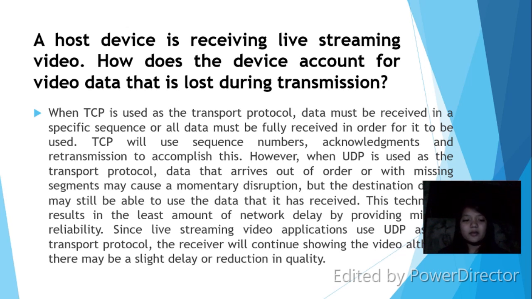But the destination device may still be able to use the data that has been received. This technology results in the least amount of network delay by providing minimal reliability. Since live streaming video applications use UDP as the transport protocol, the receiver will continue showing the video although there may be a slight delay or reduction in quality.